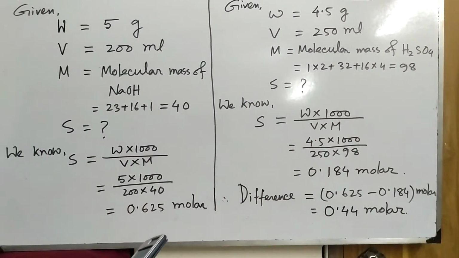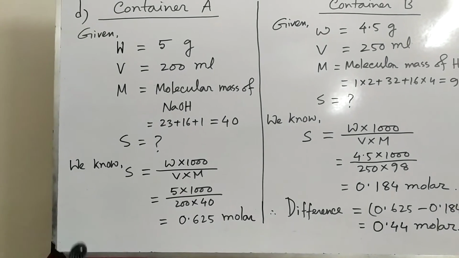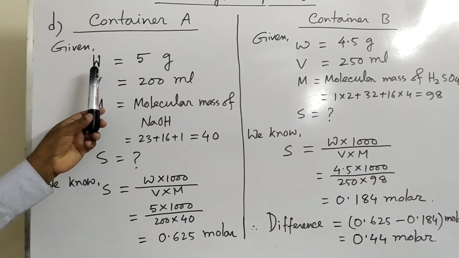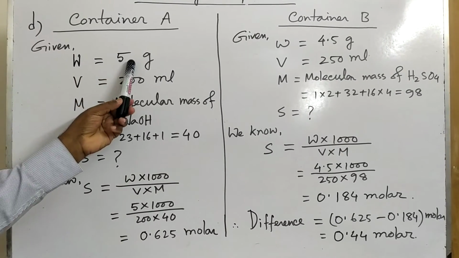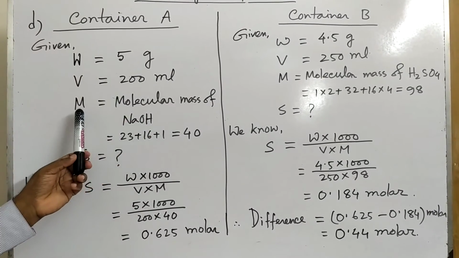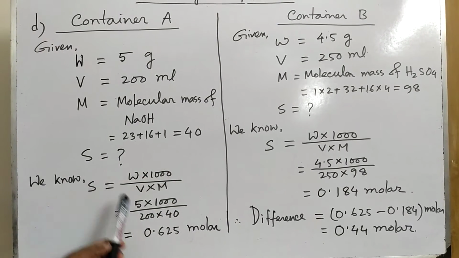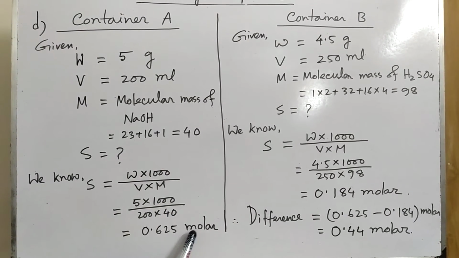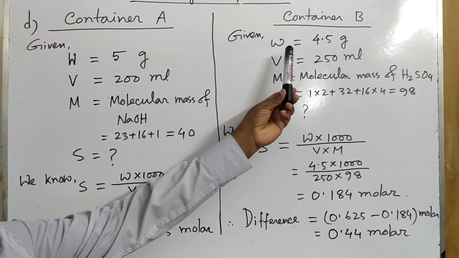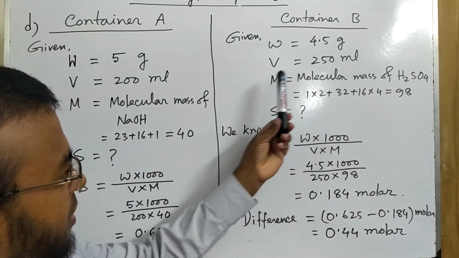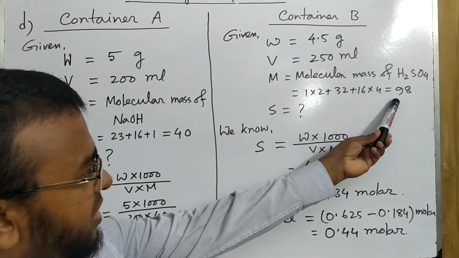Okay, like this. Now again from the beginning I am telling, in container A, mass of solute is given 5 gram, volume is given 250, molecular mass of the solute is 40, then we have to find out the concentration. We have got it 0.625 molar. Then container B, mass of solute 4.5 gram, volume 250, molecular mass of sulfuric acid it is 98.